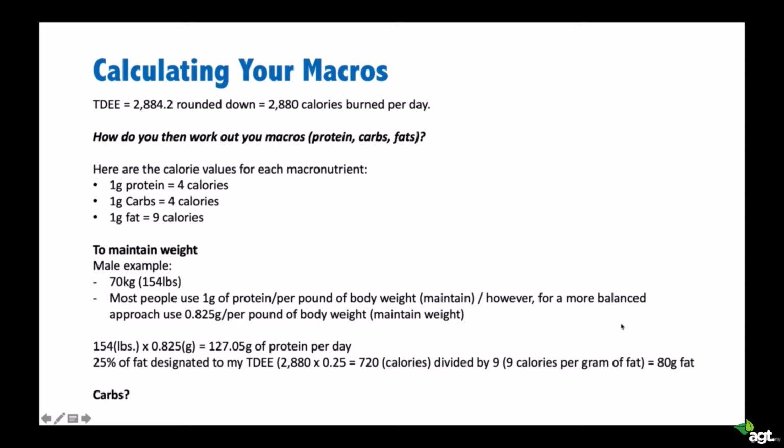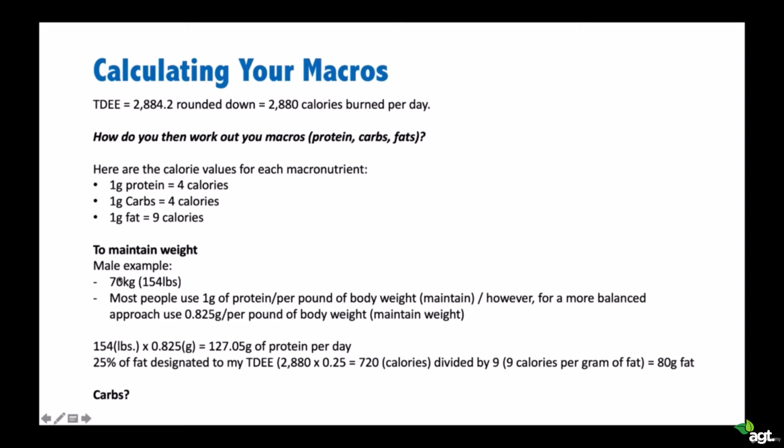However, there's a more balanced approach, especially for beginners, to use 0.825 grams per pound of body weight to maintain weight. So what this means is, for every pound of body weight this guy weighs, we must times that by 0.825, which is in grams, to be able to find out how many grams of protein this guy should be having on a daily basis.